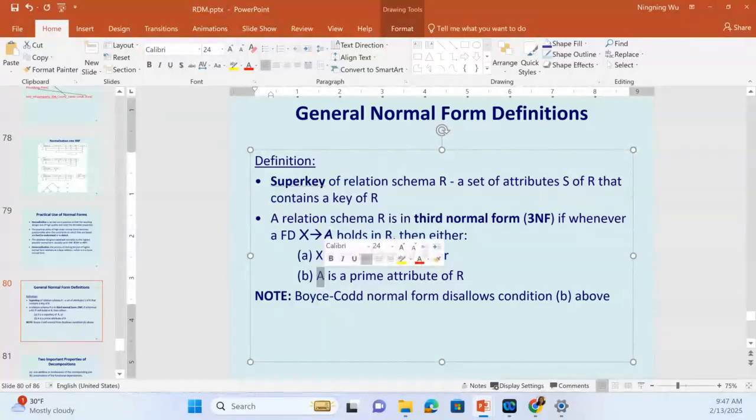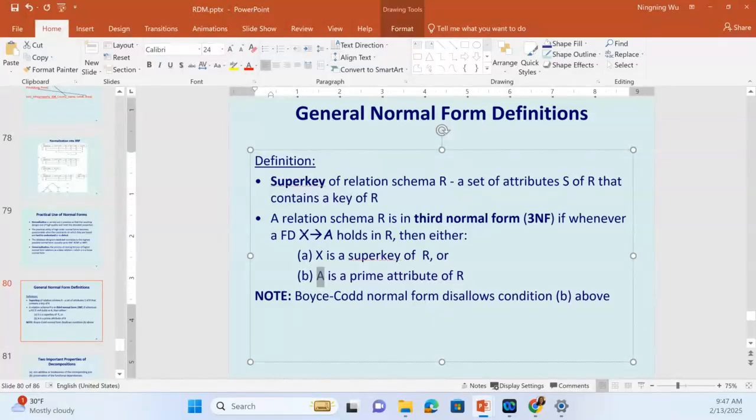As long as one of these two conditions is satisfied, then that functional dependency is okay. So pretty much we will examine every functional dependency with these two conditions. As long as one of these conditions is satisfied, then the functional dependency is good.